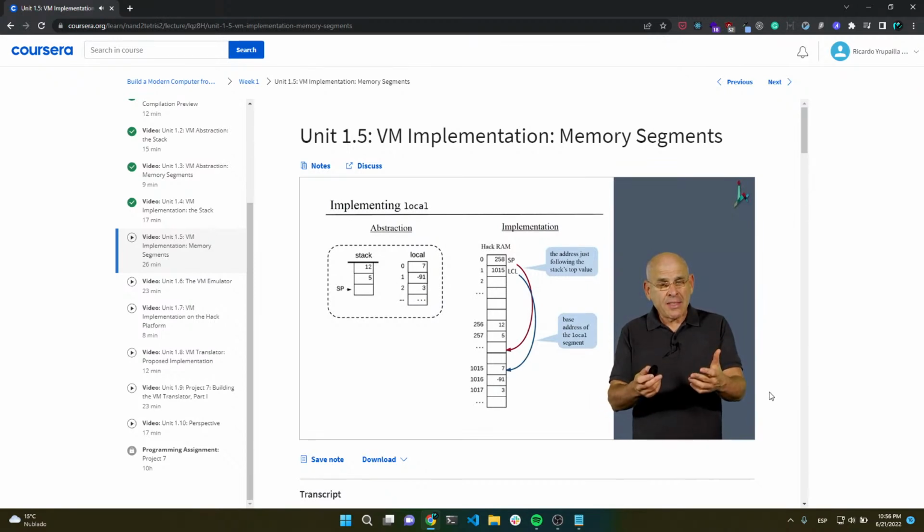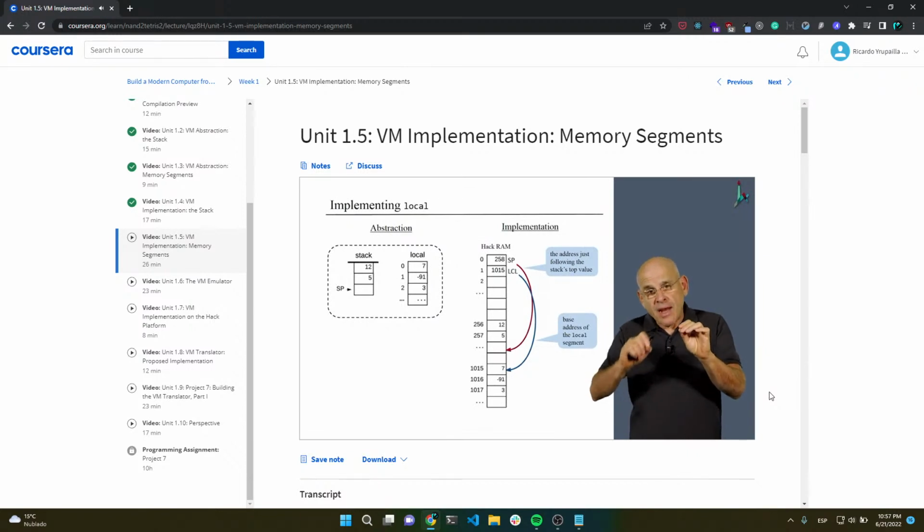So as you see in the example, the local segment happens to begin in this arbitrary address that I made up, 1015, and LCL contains the same address. So notice that indeed we're using two pointers, but we use them in a very different way. The stack pointer points to the next available location in the stack, and LCL points to the base address of the local segment.